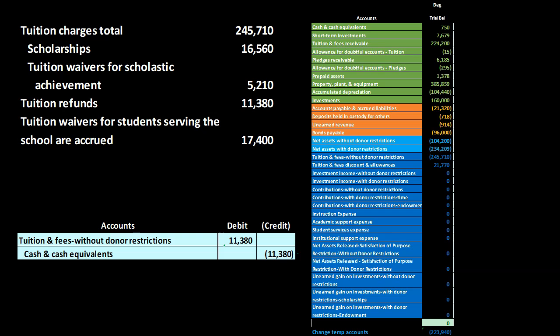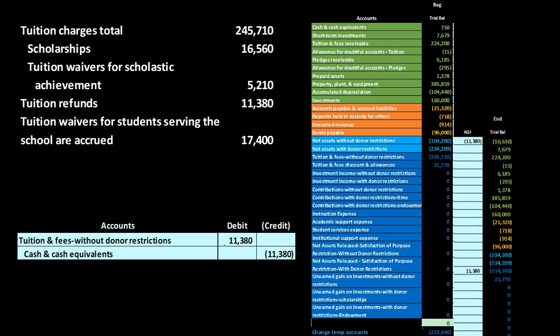Here, we're going to take the tuition and fees directly and just make it go down, which actually kind of makes more sense, or is more intuitive or easy to see, because we're in essence simply reversing what we did in the past, which was a debit to cash and a credit to tuition without the donor restriction. So it might have gone through a receivable first, but in essence, we're reversing this transaction exactly.